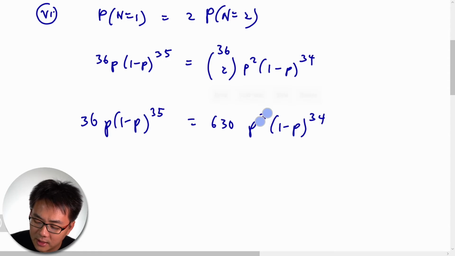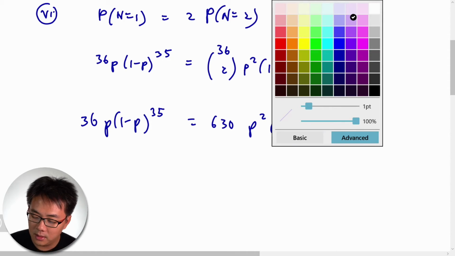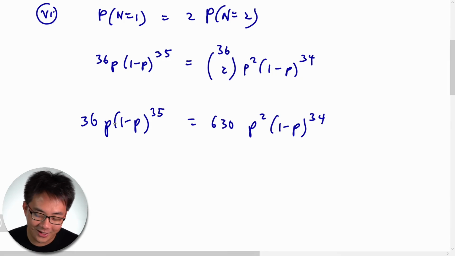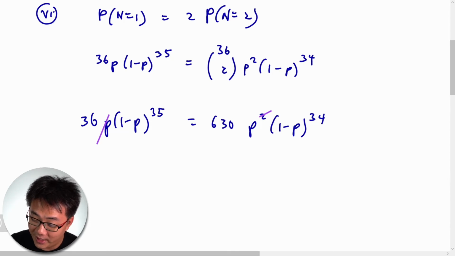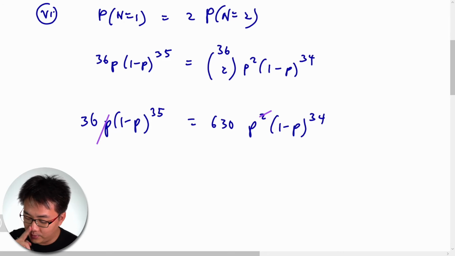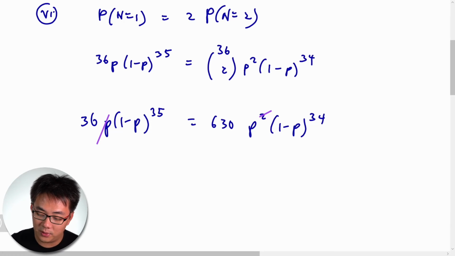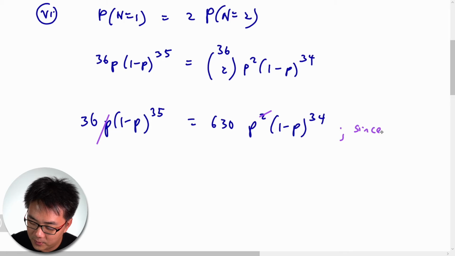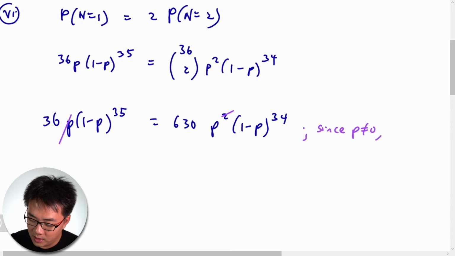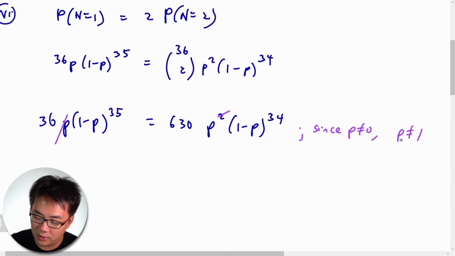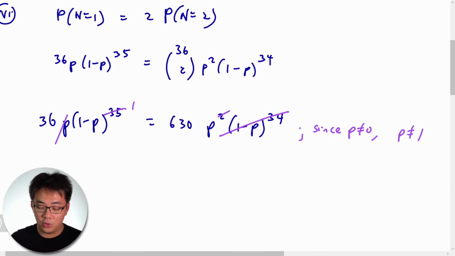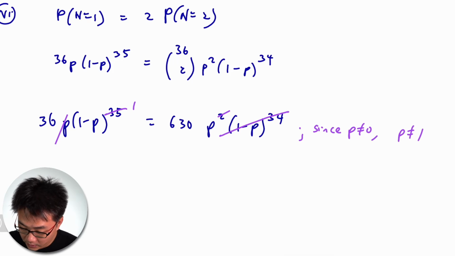Now when you cancel, you have to know what you can cancel. If you cancel away p, you're cancelling away p equals to 0 as a root. So try not to cancel like that, but because this is not an equation we are solving, and p is not equal to 0 and p is not equal to 1, you can just cancel as you wish. This is why you should know what you should cancel or not.